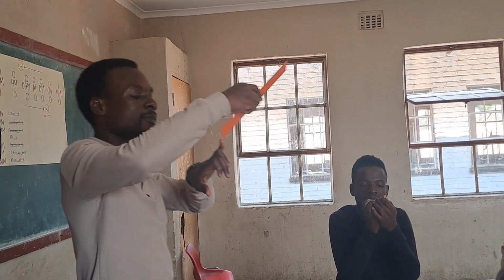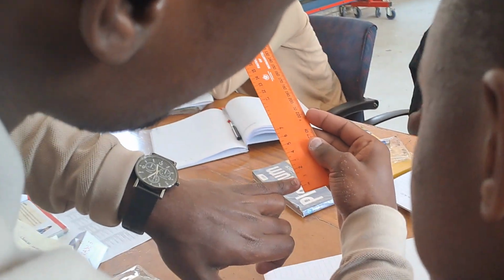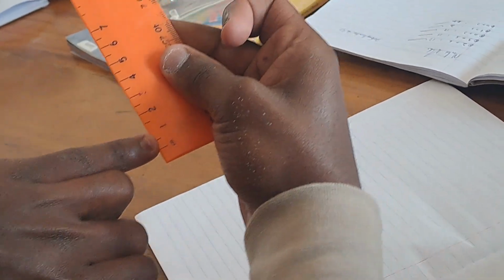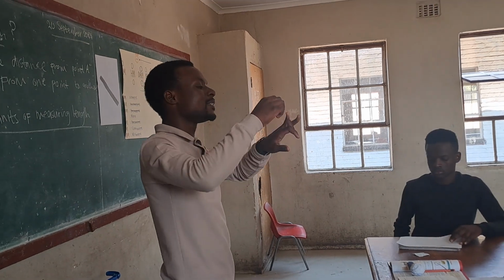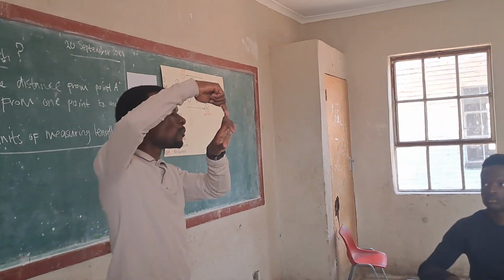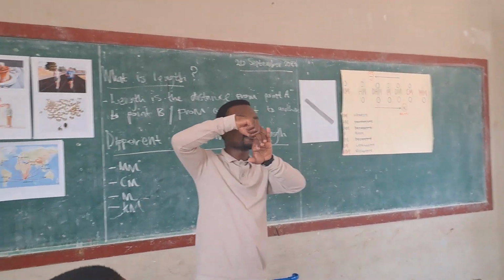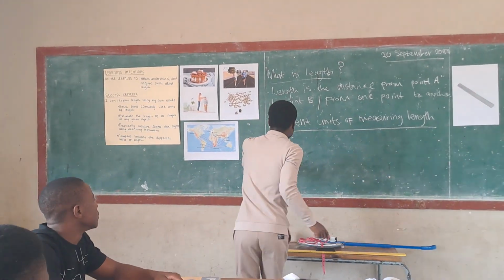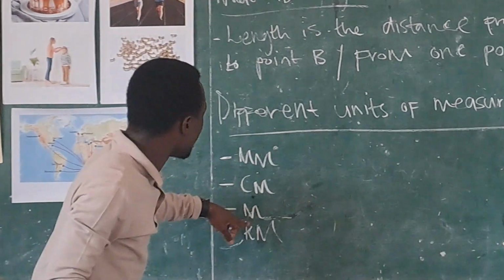Let's practically measure this one. It gives you 1 centimeter. Bear in mind that 1 centimeter is something like the distance from one side of your pinky finger up to the other side. And then meter.